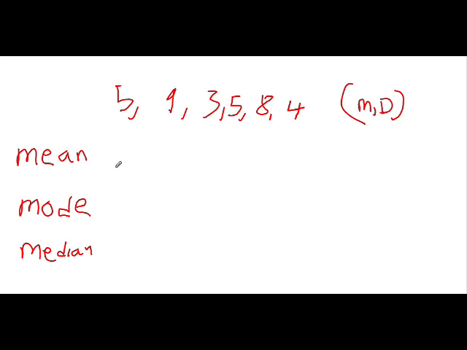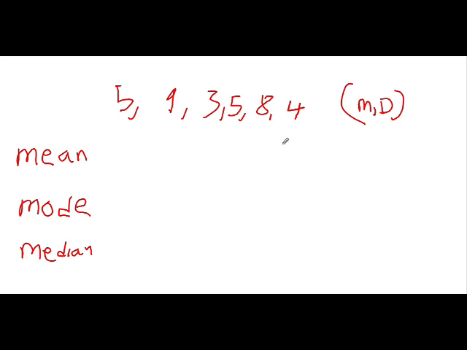Okay, so now let's start with the median. I told you guys yesterday, you have to rearrange these numbers, that's the first step. You have to rearrange the numbers, starting from the lowest to the highest.